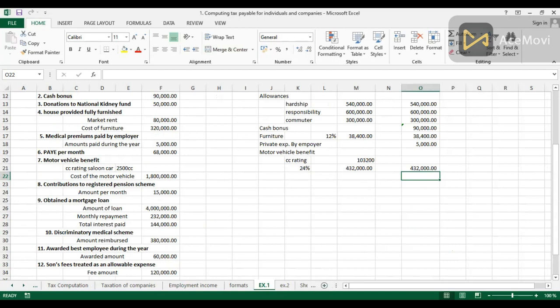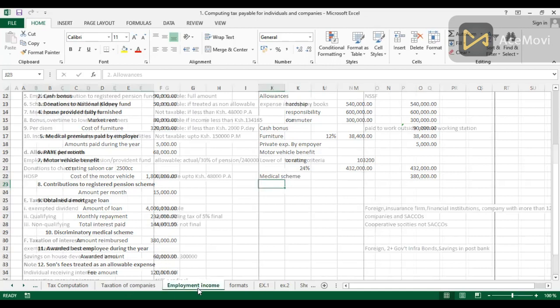So we'll go, and you can see this one is discriminatory medical scheme. So I'll bring in the medical scheme. Because it's discriminatory, maybe for top management only. Then award, you can see the award was of 60,000.